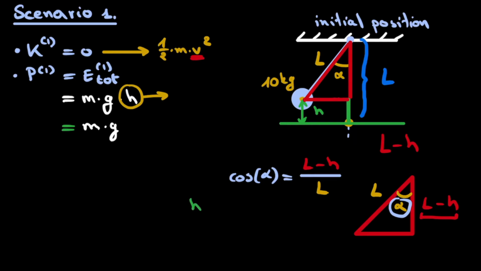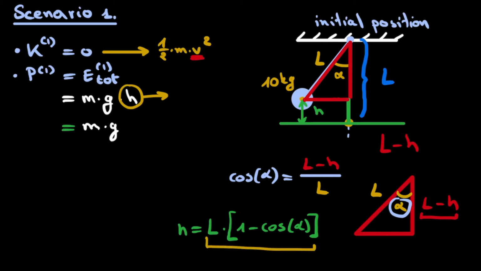So h is equal to capital L multiplied by 1 minus the cosine of alpha. And we see that we have found an expression which links h, the height that we're looking for, with an expression that only contains properties of the system, the length and the initial angle.